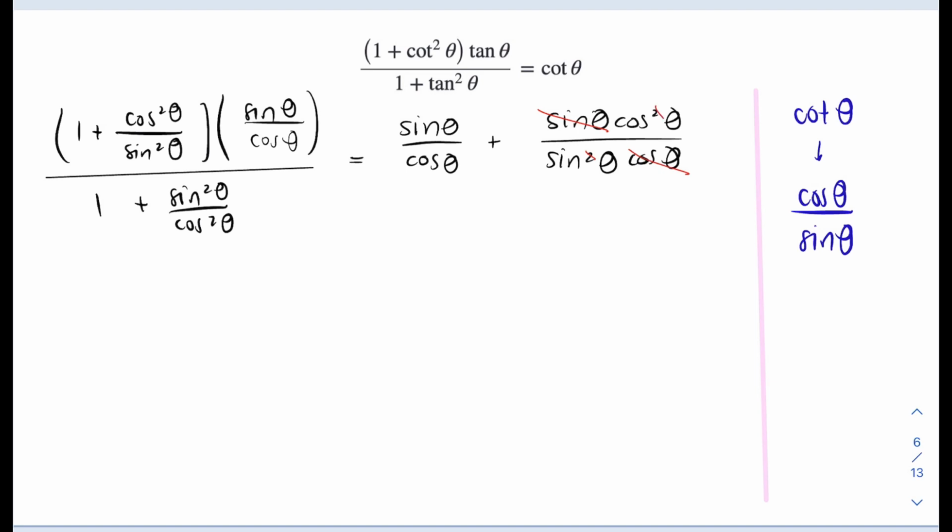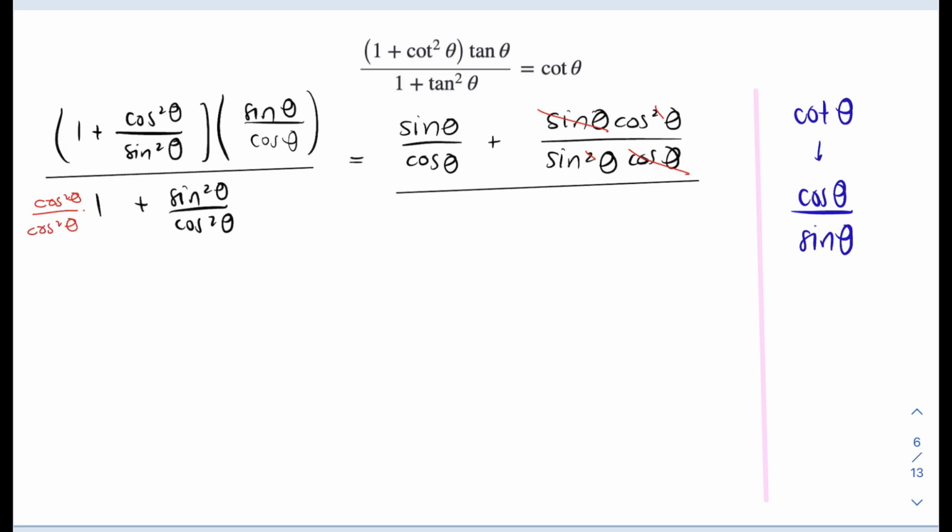And then in the denominator, I need to make a common denominator. So I will do cosine squared of theta over cosine squared of theta, right? Because when I have a fraction within a fraction, I want to have a single fraction over a single fraction.